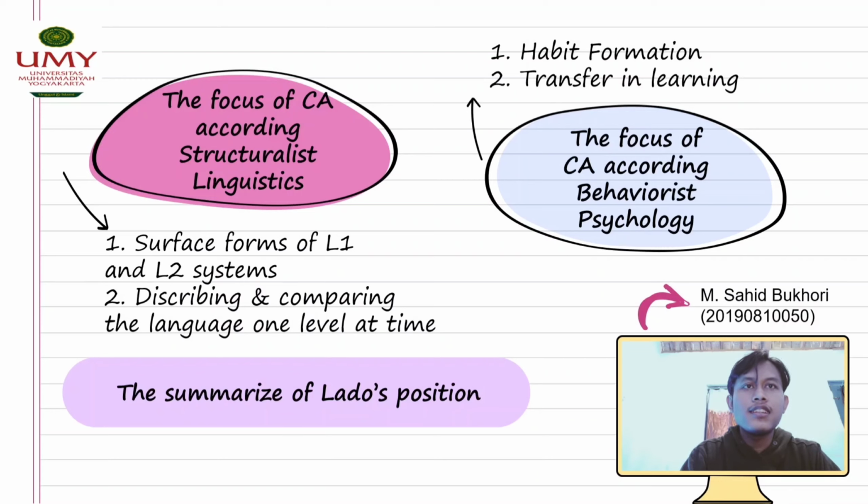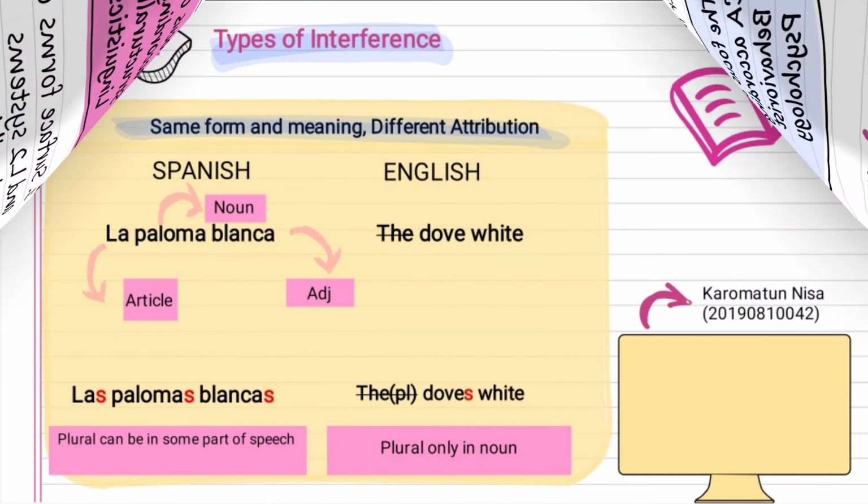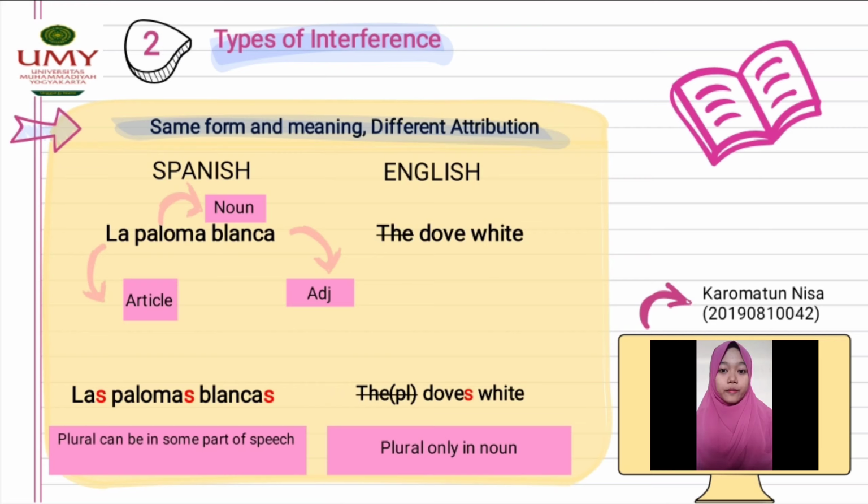But this is not likely to be very difficult if it has the same meaning and distribution as an equivalent in L1. Among the most difficult are structures where there is partial overlap but not equivalence in form, meaning, and distribution. Thank you.